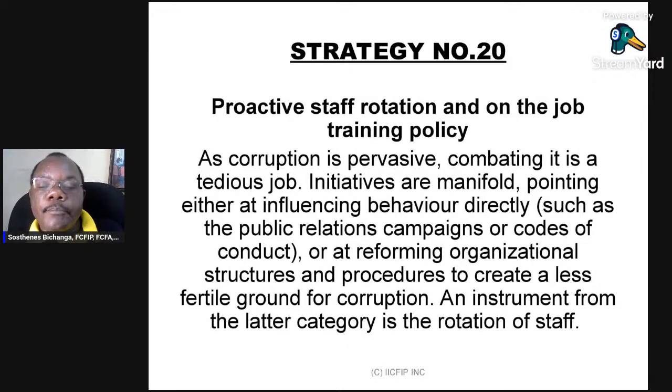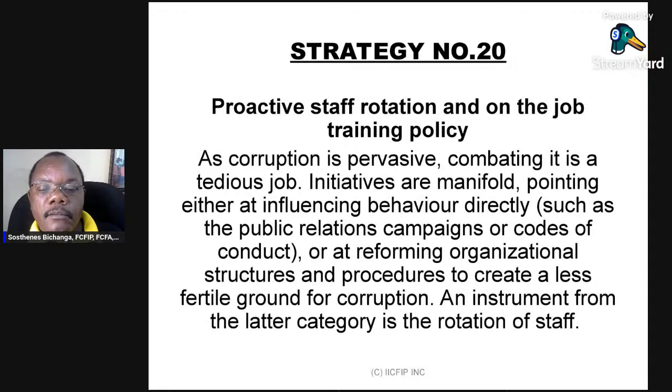Number 4, expense account fraud. This is where staff process personal expenses as business expenses. Number 5, client receipts diversion to personal accounts. This can easily be discovered by the new staff. Number 6, bid rigging schemes. This can be discovered.